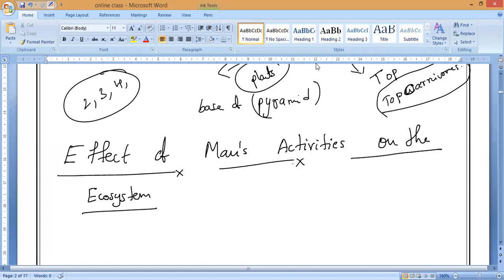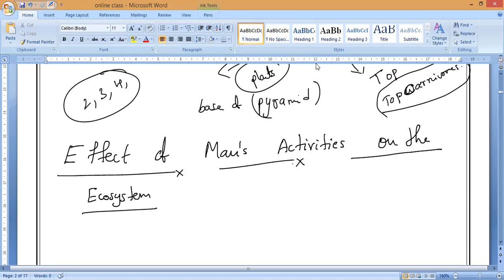If we kill some animals completely by hunting, the role they take in the given ecosystem will definitely be disturbed. That is why the disruption of one food chain affects the various other food chains operating in the food web. So as we know, food web means what?